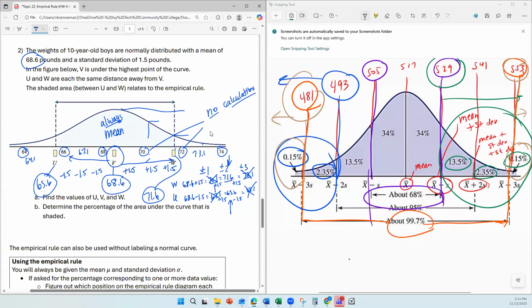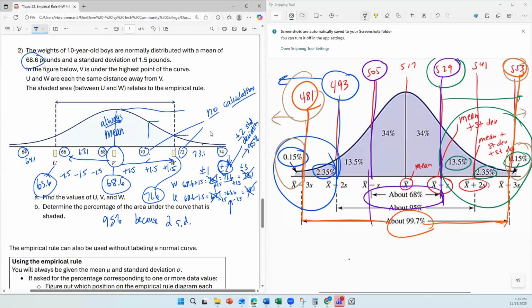Now, since those were the two standard deviations added and subtracted, so plus or minus 2 standard deviations, that makes it the 95%. So, you know what I mean?